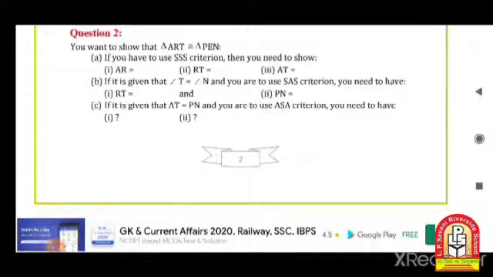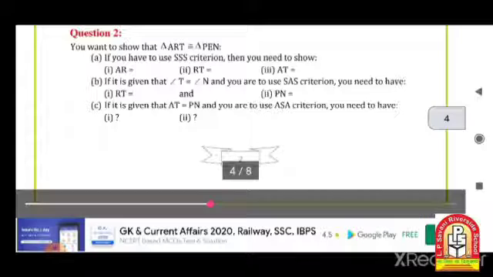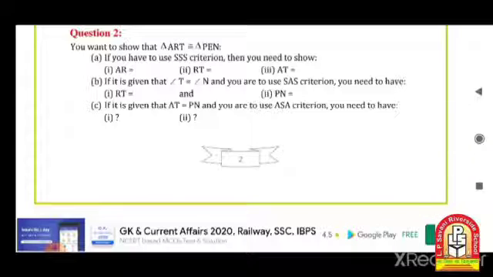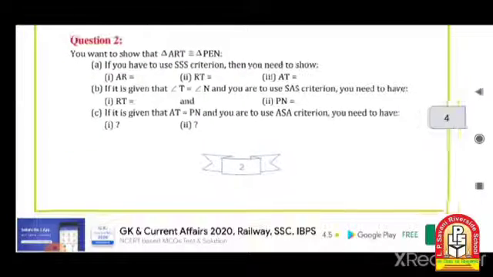Then next, in question number 2, there are three conditions: SSS, SAS and ASA. These three criteria we have to learn. S means if the corresponding three sides of one triangle are the same as the corresponding sides of another triangle, then the condition of congruence of triangles is satisfied. Then another criterion is side angle side.